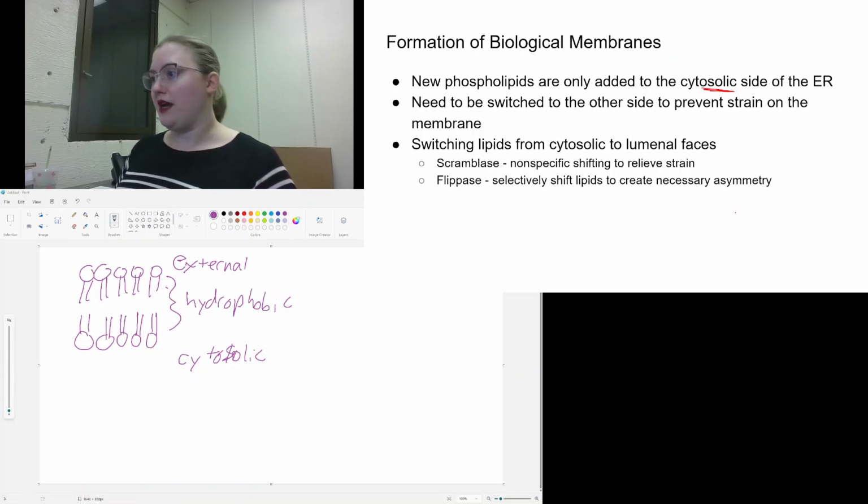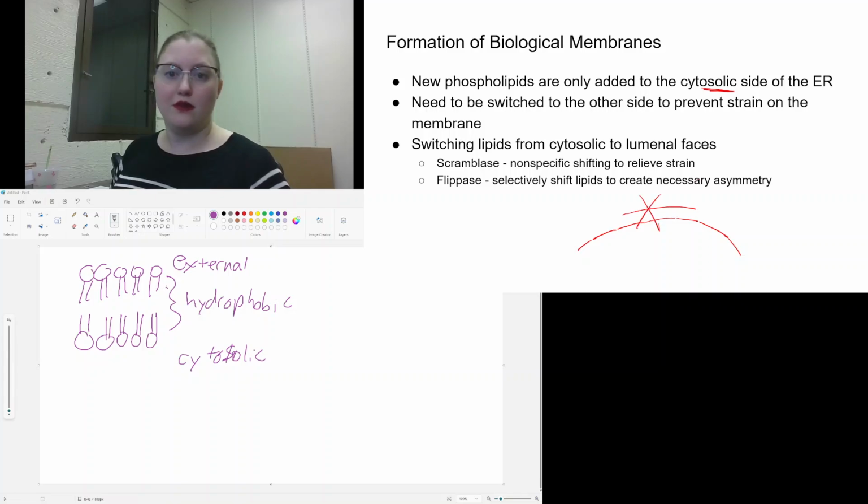And because of that, if we've got our outside layer and our inside layer, right, and we keep adding to our inside layer, eventually, our inside layer would get so big that it would catastrophically fail, right? So that's bad.